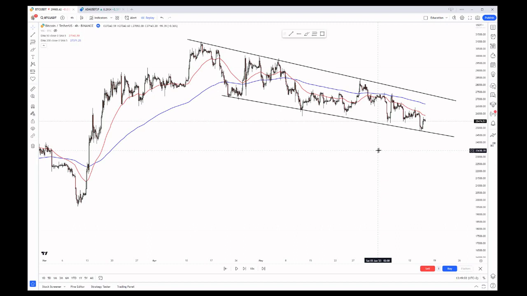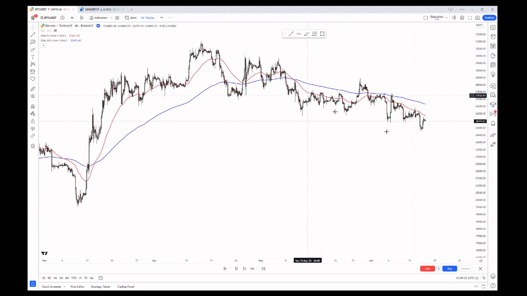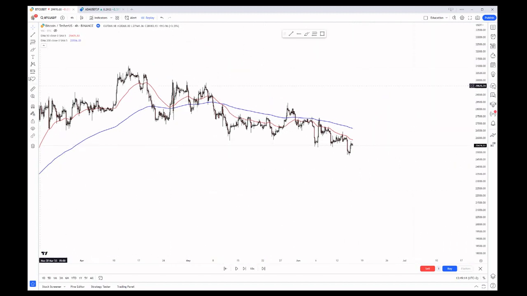So then we also have RSI and divergence. We'll move this again. RSI is the relative strength index, and you'll see that being used a lot, but mostly for the divergence side of things.